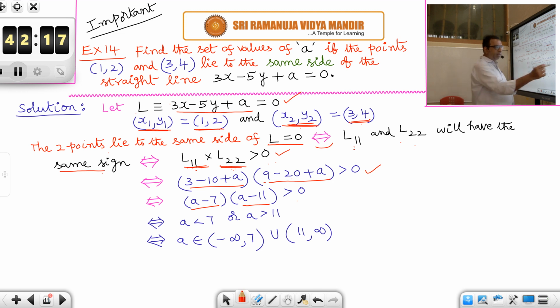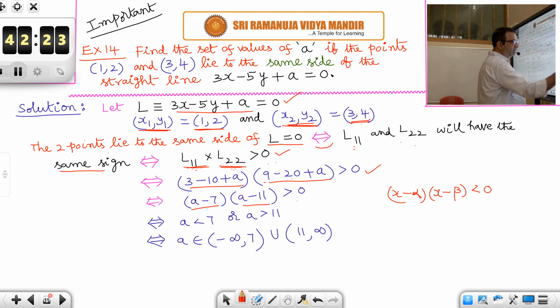See, x minus alpha into x minus beta less than 0 means x must lie between alpha and beta. Greater than 0 means x must not lie between alpha and beta, it should lie outside. So here A minus 7 into A minus 11 greater than 0, therefore A must not lie between 7 and 11.